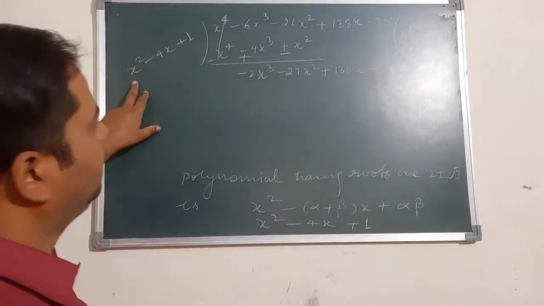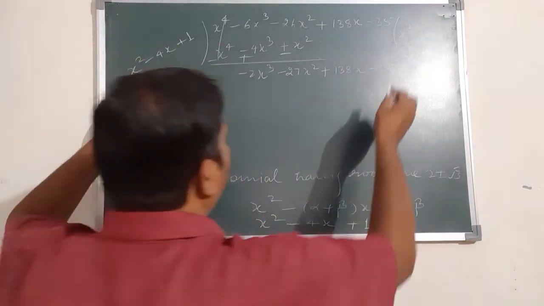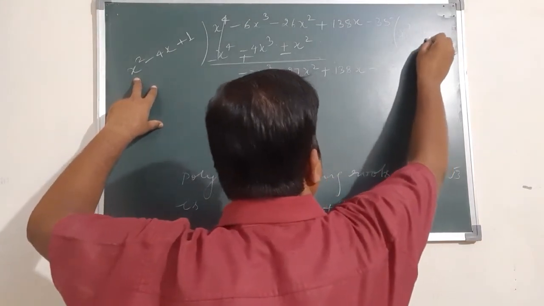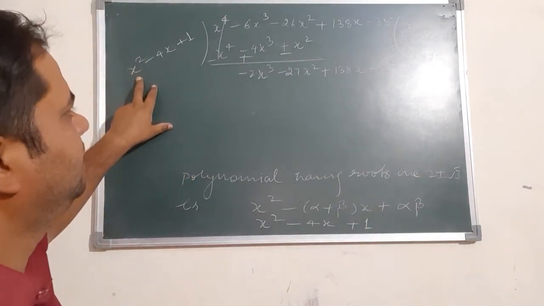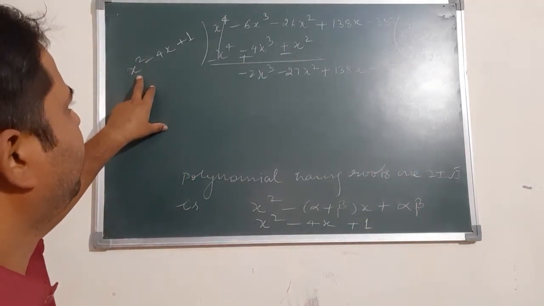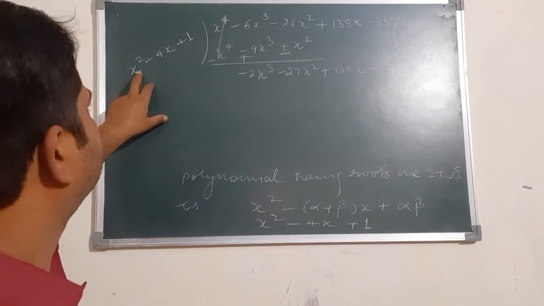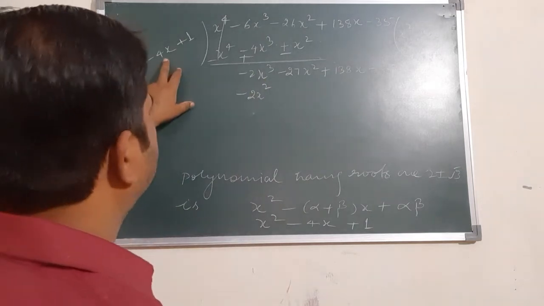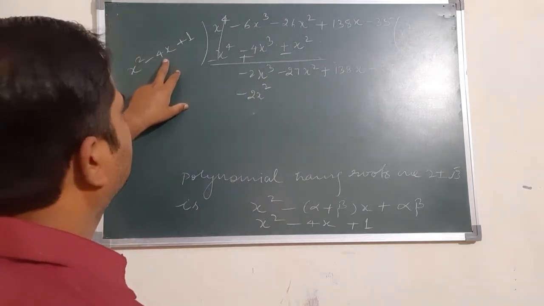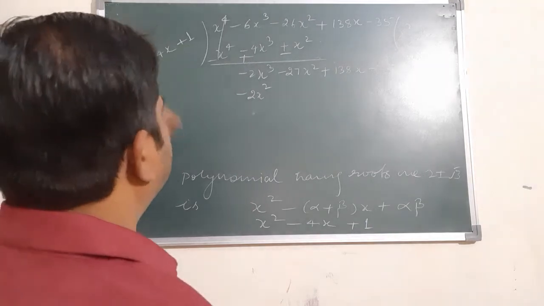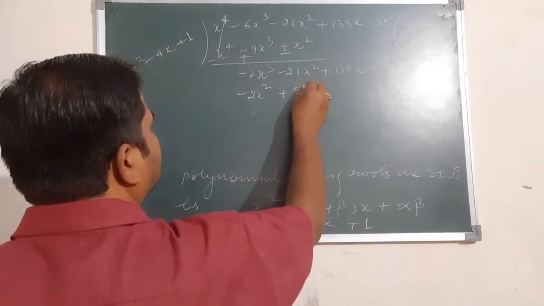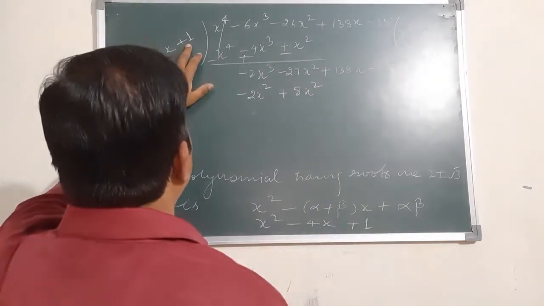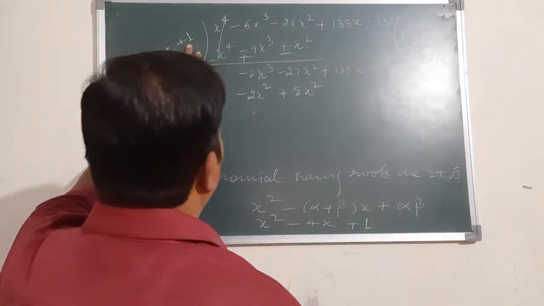Now what should we multiply here so that we get minus 2x cube? So if you multiply by minus 2x, then this is minus 2x cube plus 8x square minus 2x.